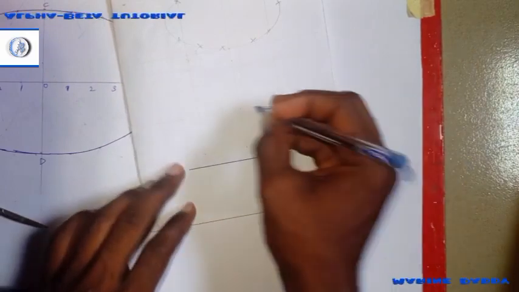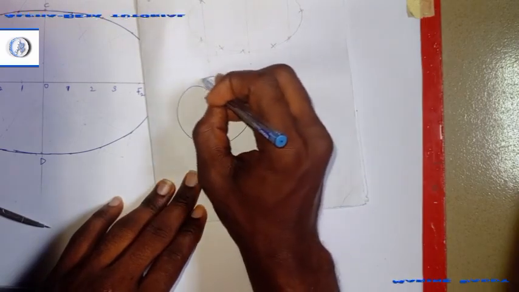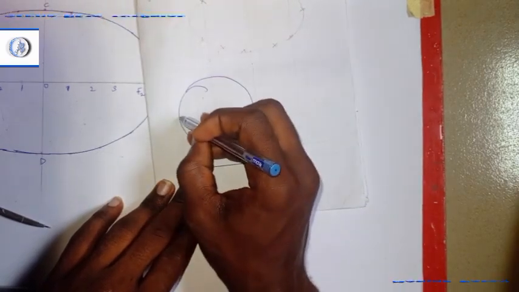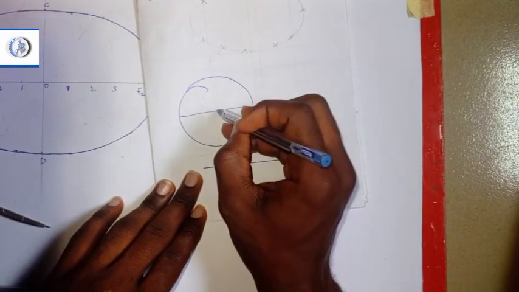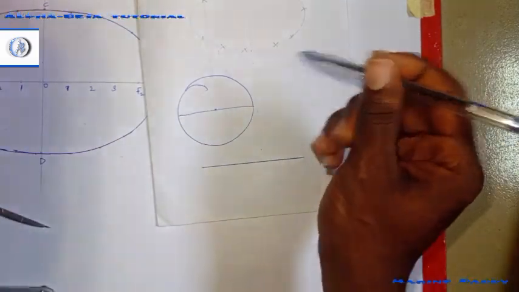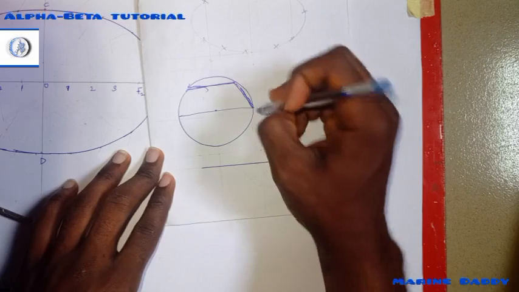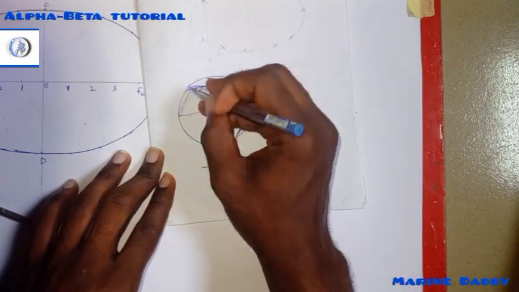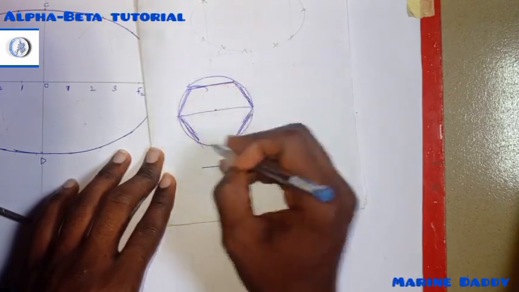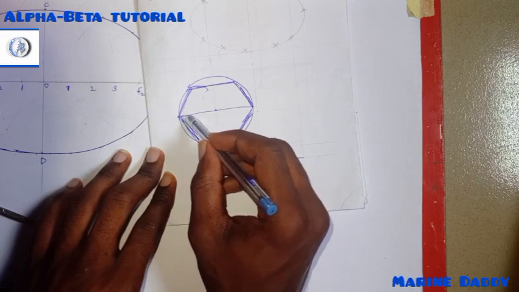Before that, let me just explain what they mean by across flats and across corners. So I'm having a polygon. You'll be given the distance across flats. Across flats means the diameter of a circle, right? So when you hear across corners, it means that the polygon will be formed inside the circle. Mind you, you'll be given the distance across flats or distance across corners.